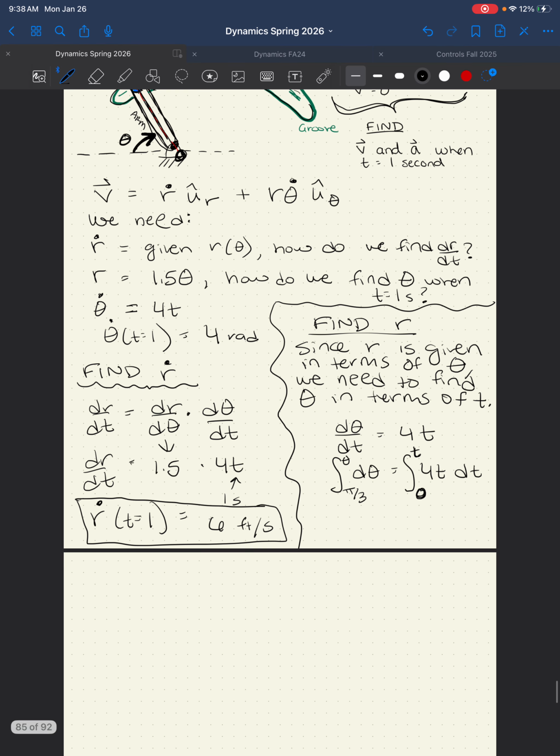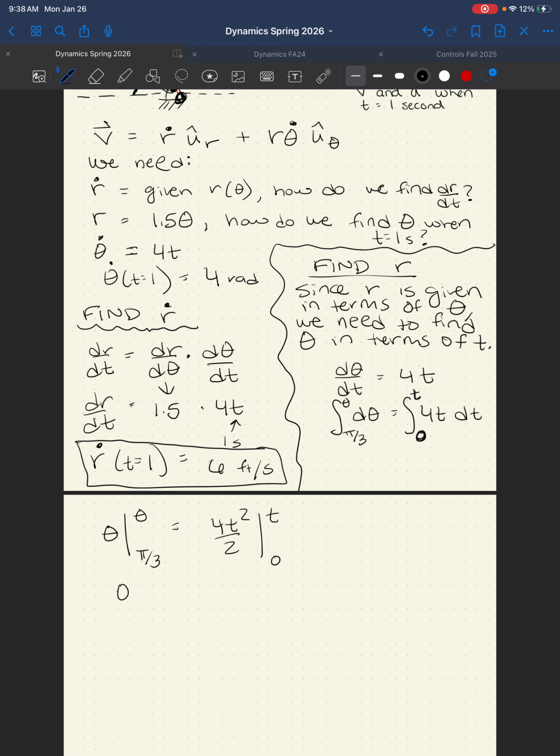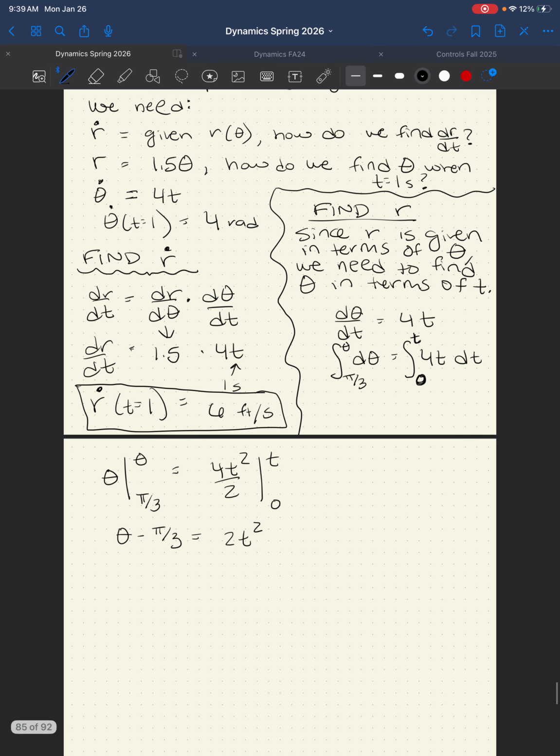And I can evaluate this integral now. So I should get theta evaluated from pi over 3 to theta equals 4t squared over 2 evaluated from 0 to t, which should give me theta minus pi over 3 equals 2t squared, which means that theta as a function of time is 2t squared plus pi over 3.